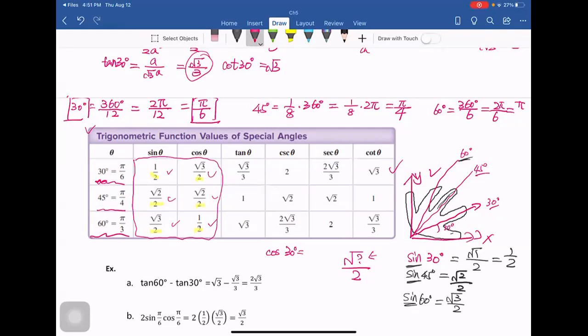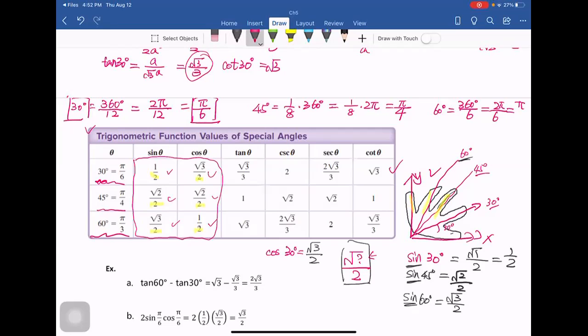So how many fingers above 30? This is 1, 2, 3. There are 3 fingers above 30. So in the question mark part, I put 3 over 2. I still use this one.